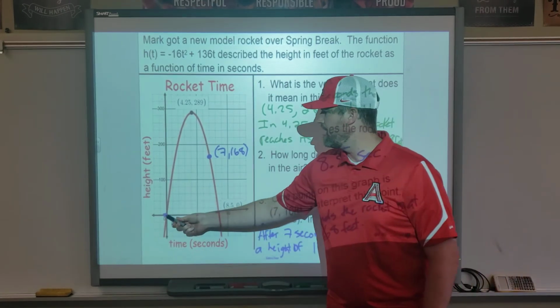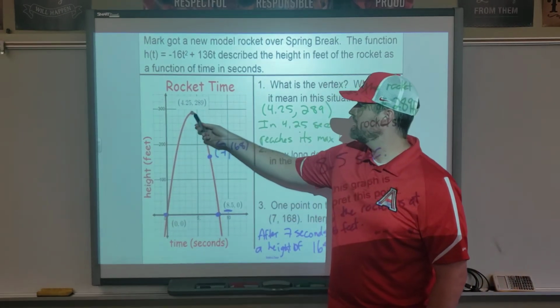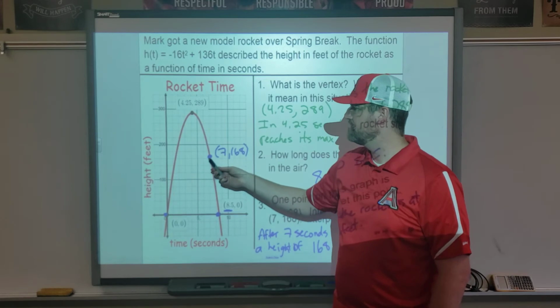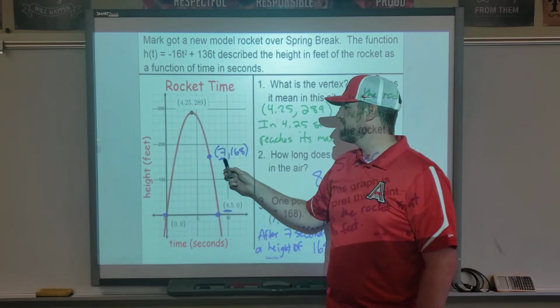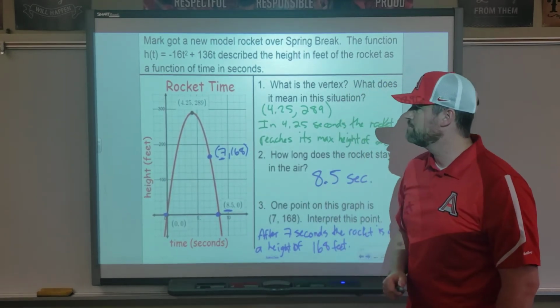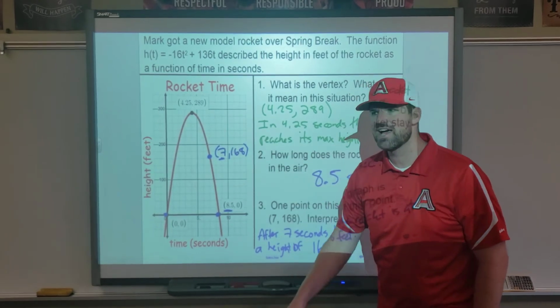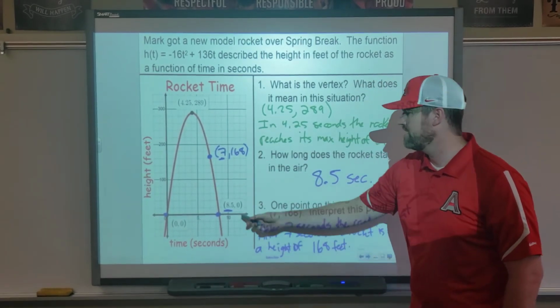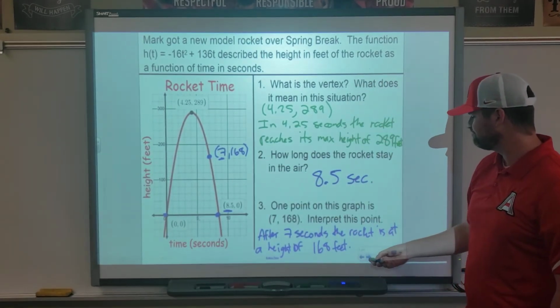So the rocket went up, it reached its maximum height, and on its way down, once we get to the 7-second mark, it is now at a height of 168 feet above the ground, and it is on its way down, about to crash in another 1.5 seconds.